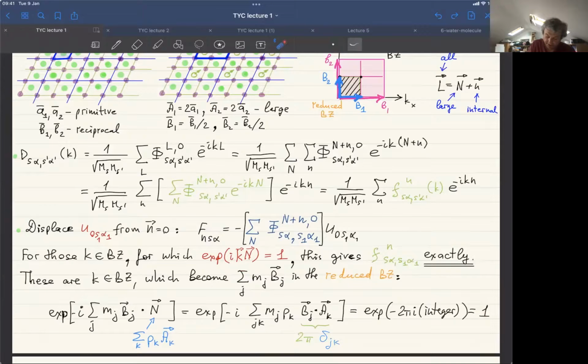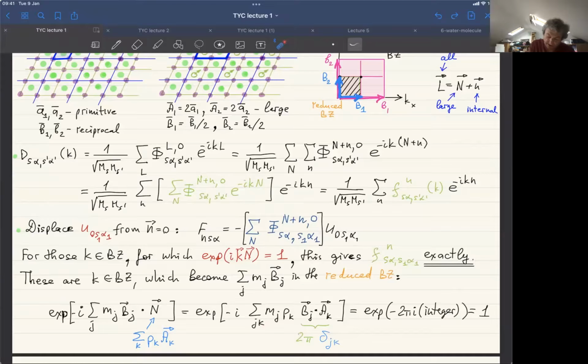This K would be a linear combination of the big B reciprocal lattice vectors. Capital N is a linear combination of the large A direct lattice vectors, of the extended lattice. And then we do the dot product. This would give you 2 pi, and all others are integer numbers.